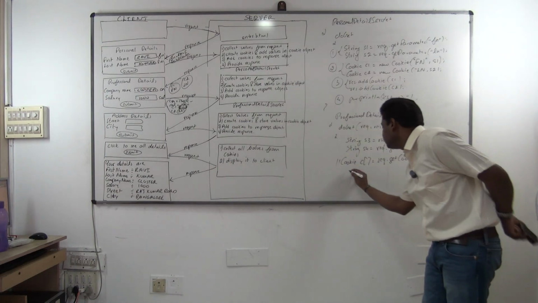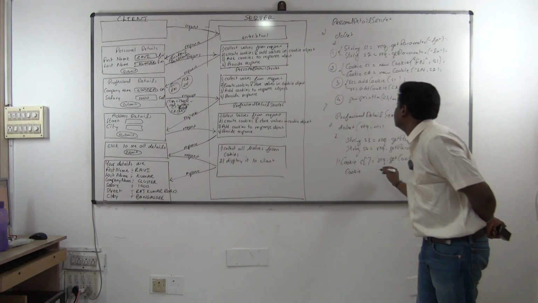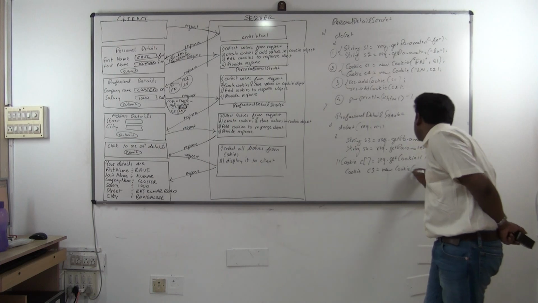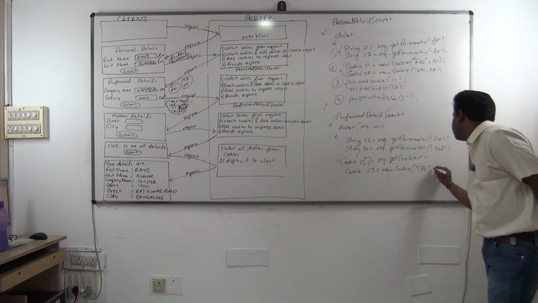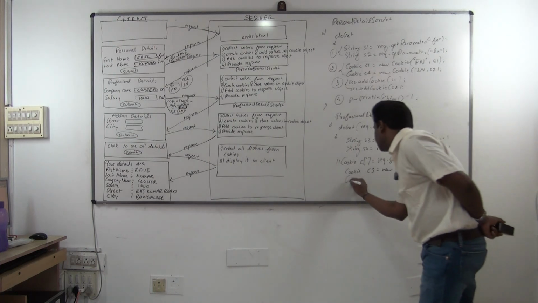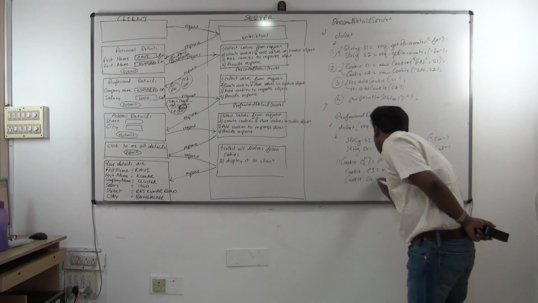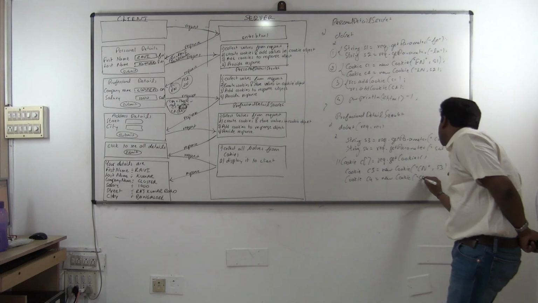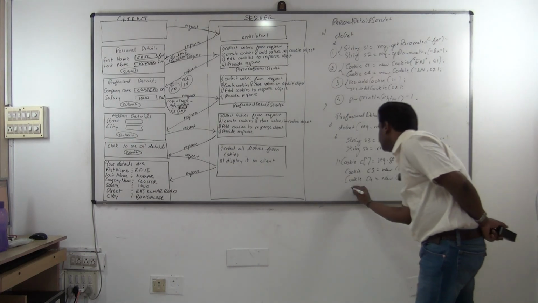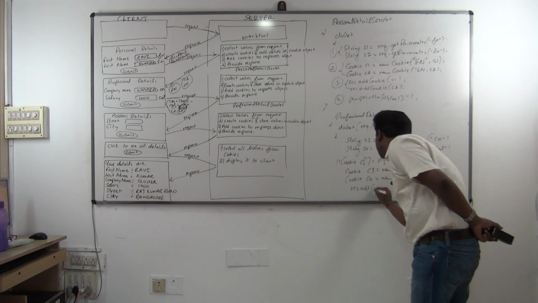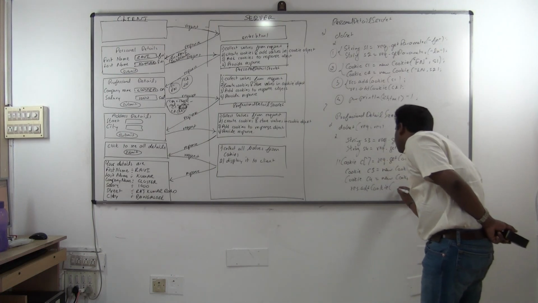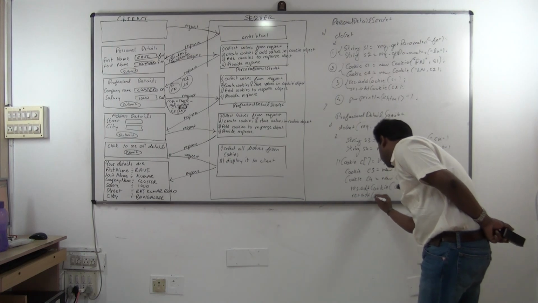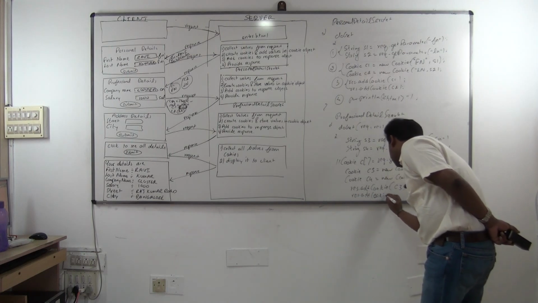Same story now. What will you do? Cookie C3 is equal to new Cookie of Cn, comma S3. Cookie C4 is equal to new Cookie of Sal, comma S4. response.addCookie of C3. response.addCookie of C4.